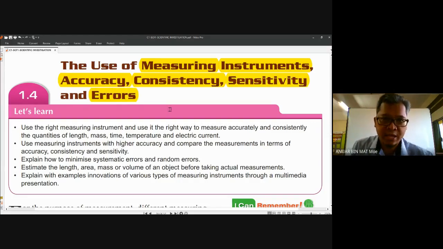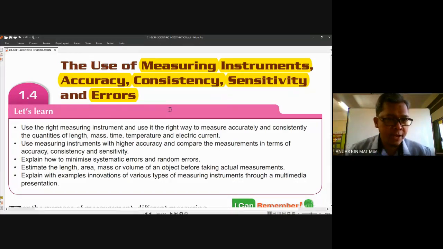Actually, this is a hands-on or practical topic, because if you come back to school, I will give you the instrument and ask you to measure the object. But because of the PKP, you are all still learning at home, so I hope you can follow my instruction, and we just read it. I just explain it in theory only.